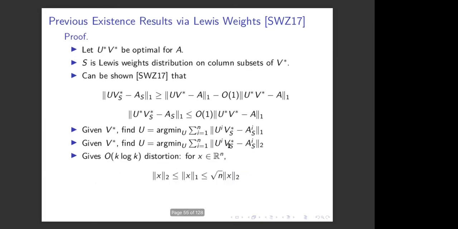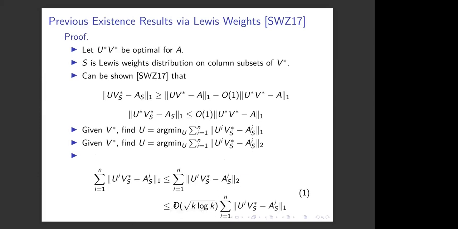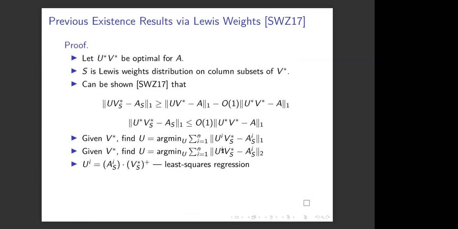Recall that there are O of k log k columns in this subset S, meaning each of these row vectors has dimension O of k log k. So by switching to the L2 norm, we get a distortion of O of square root k log k. And so that's where the O of square root k log k distortion comes from.